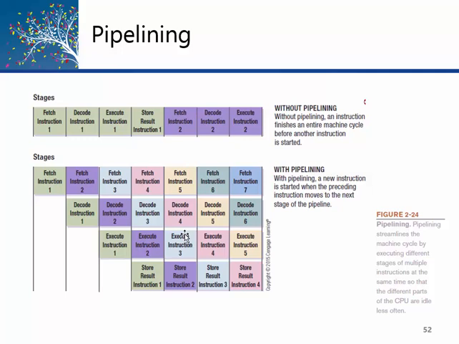So you might think that those 4 steps, fetch, decode, execute, store, have to happen by themselves. But what you can do is use your hardware more effectively, where you fetch the first instruction, and then the fetch hardware, instead of just sitting and waiting for that entire instruction to finish and then fetching the next one, can go ahead and at the next time moment fetch the next instruction.